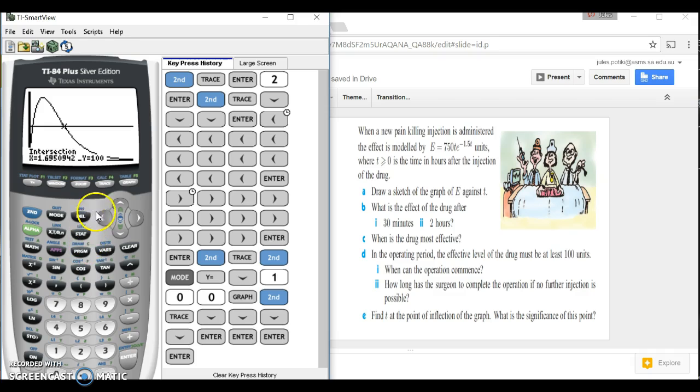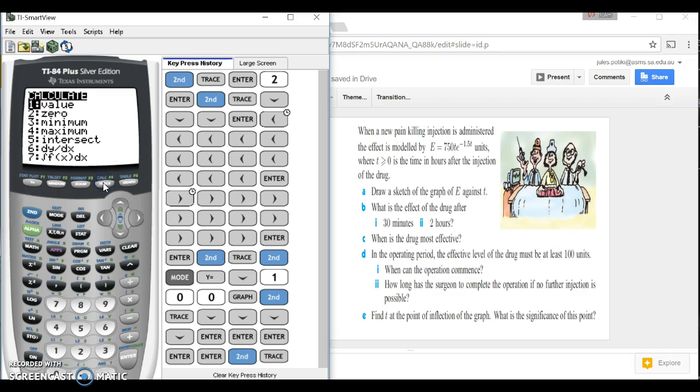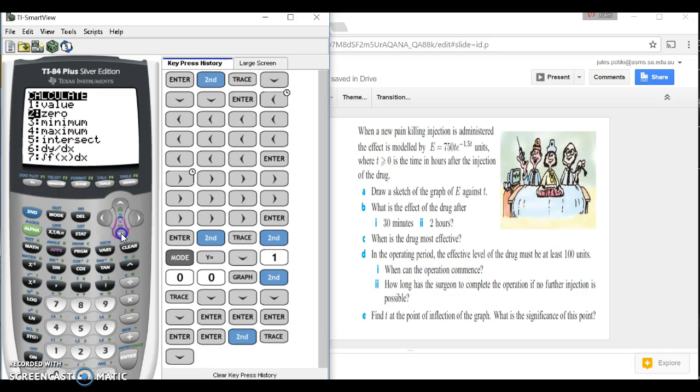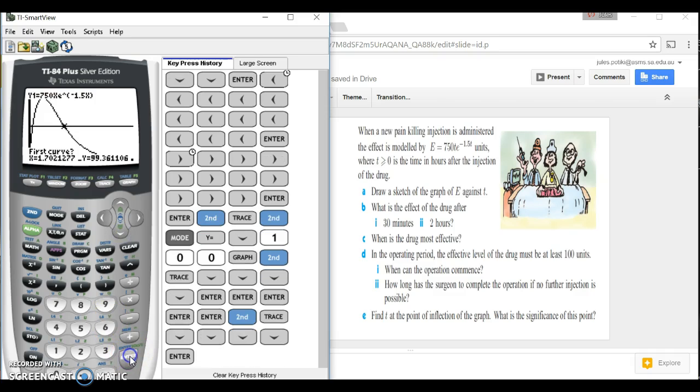And we need to find another intersection point. So we can do it again, repeat it. So we'll just move the cursor a little. Alright, so we'll select that as our first curve, and this is our second curve.